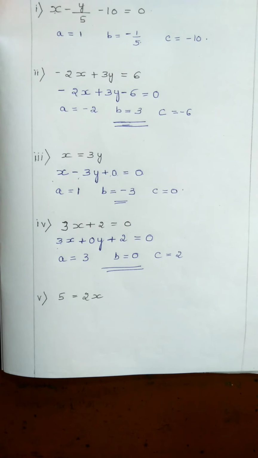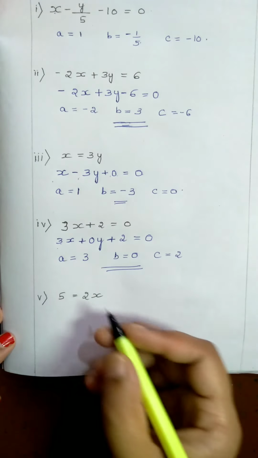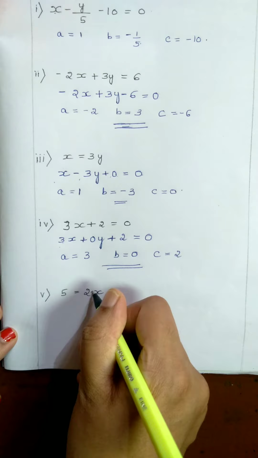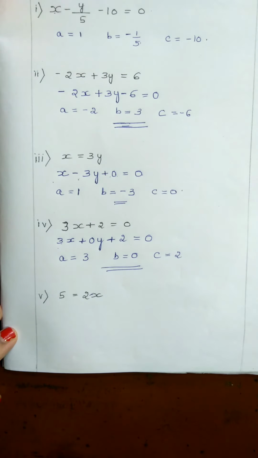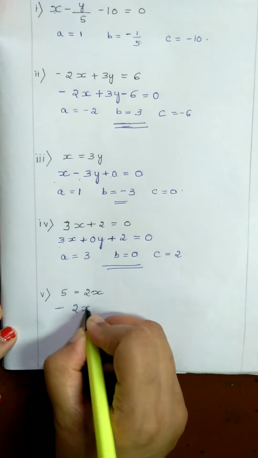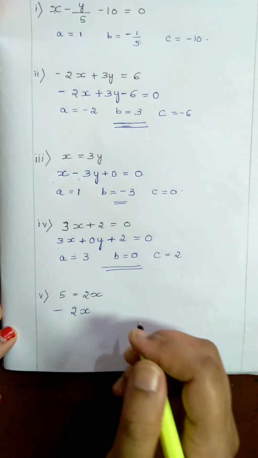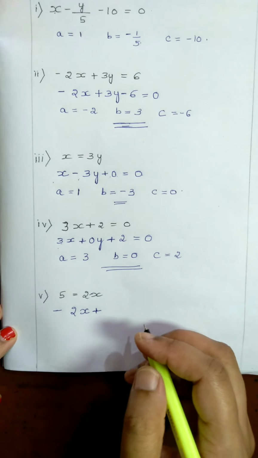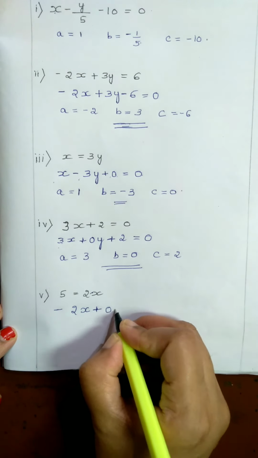Now we have the next question. 5 equal to 2x. So now let us take the right hand side of the equation to the left side so that it becomes minus 2x. So ax. Now we want by. We do not have the variable y in the equation, so let us write it as 0 into y.